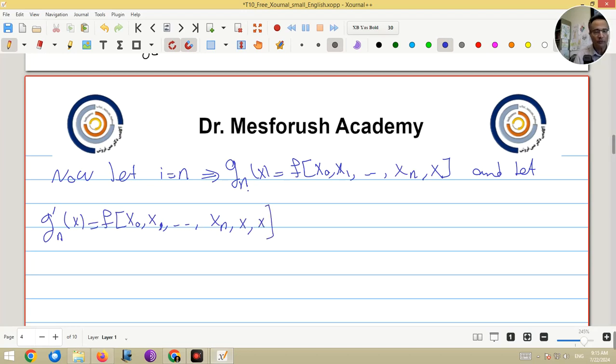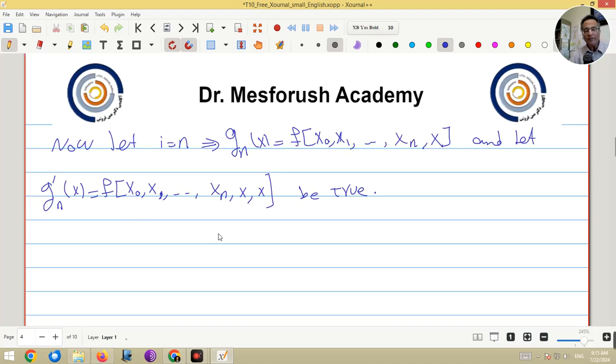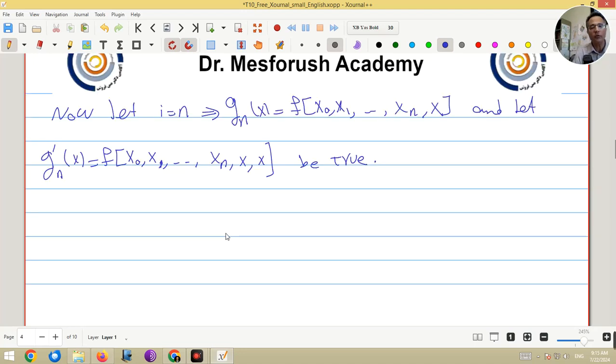Let this be true. We have to prove the equality for i equal to n plus 1.